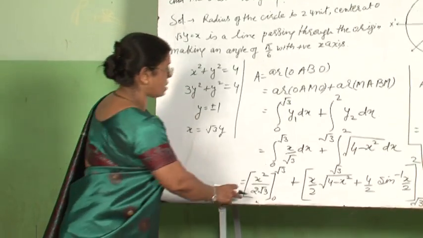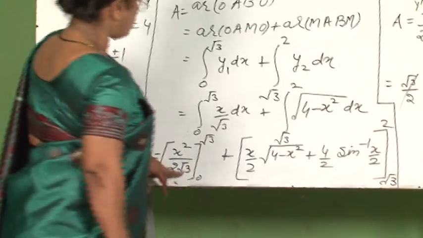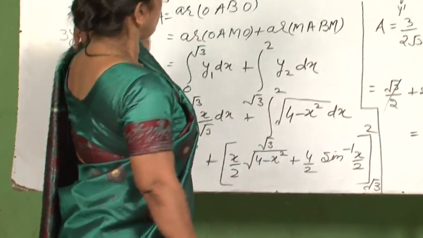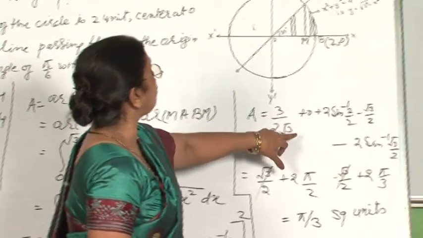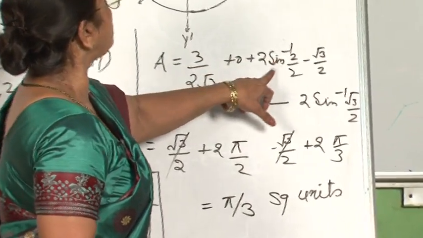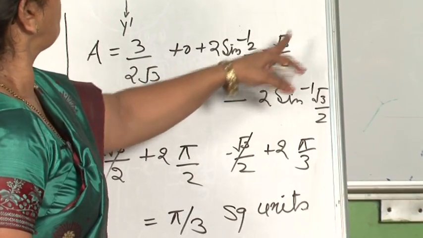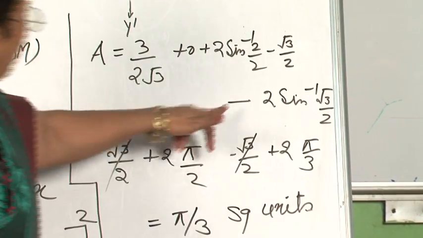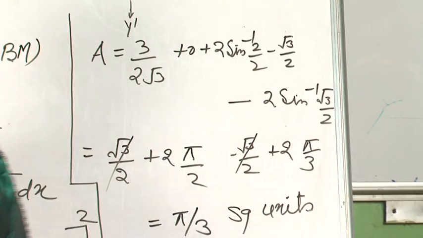If you simplify this, putting in the values, it becomes 3 upon 2 root 3, plus, when x is 0 it becomes 0, plus 2 sine inverse 2 by 2, minus root 3 by 2, and minus 2 sine inverse root 3 by 2.